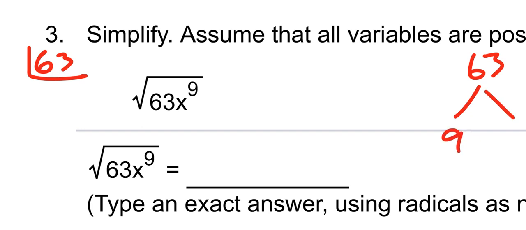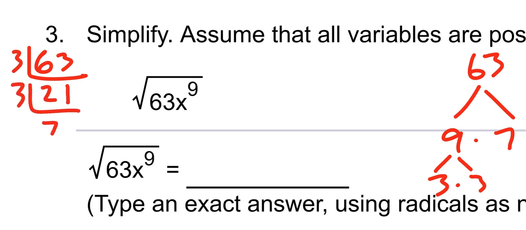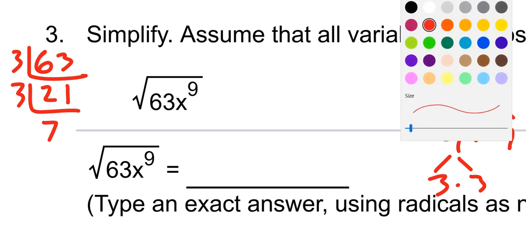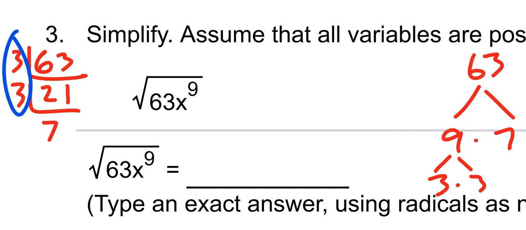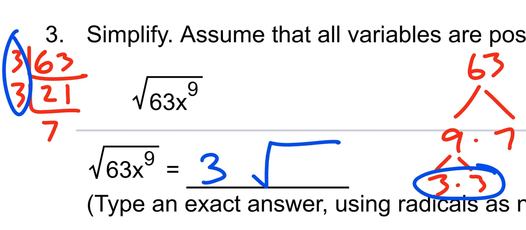You like to break it up into 9 and 7, and then 3 and 3. I did upside down division. 3 goes in 21 times. 3 goes in 7 times. However you like to do it, you will circle your pairs. And yes, a 3 comes out. What's trapped inside? 7's trapped inside.